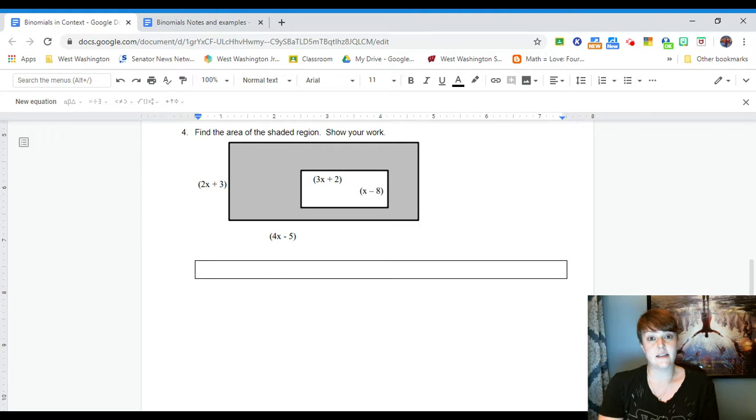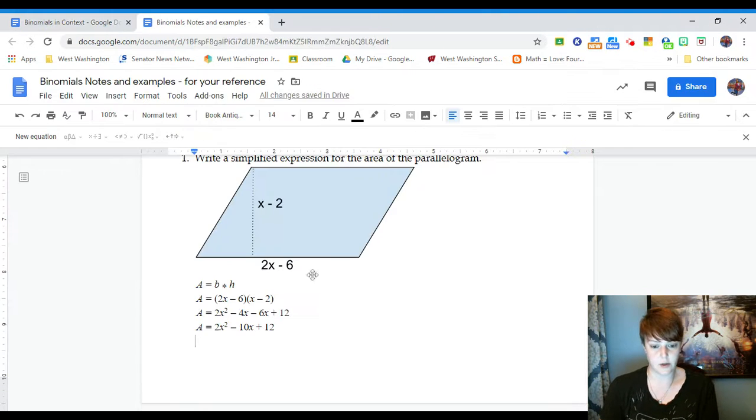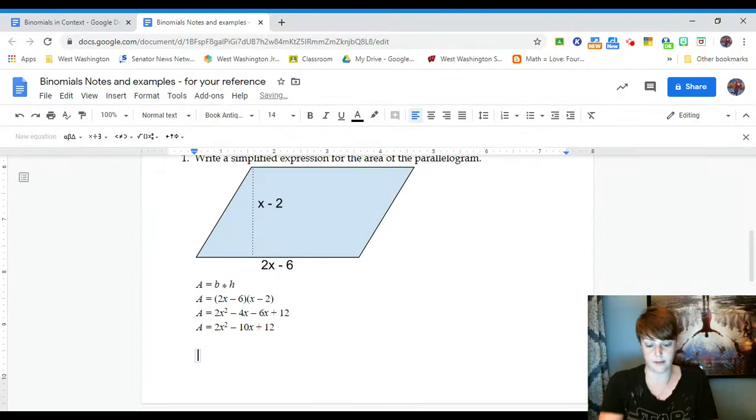When you go to add and subtract trinomials or quadratics, stuff that looks like this, you need to combine your like terms. And so real quick, if we were going to subtract, let's say 2x squared minus 10x plus 12, minus x squared plus 7x minus 8.